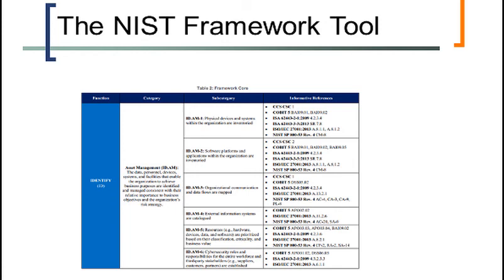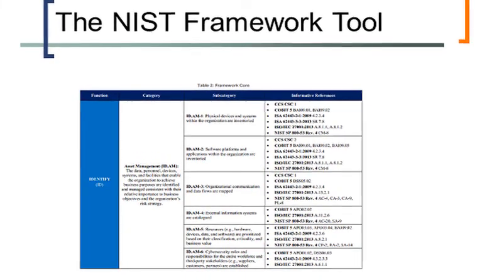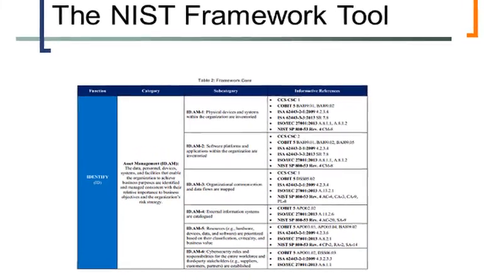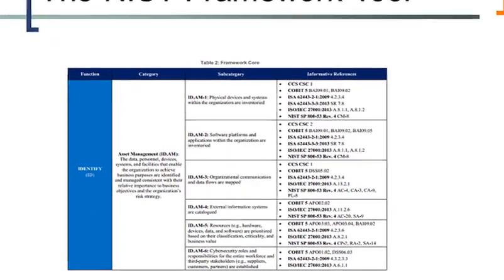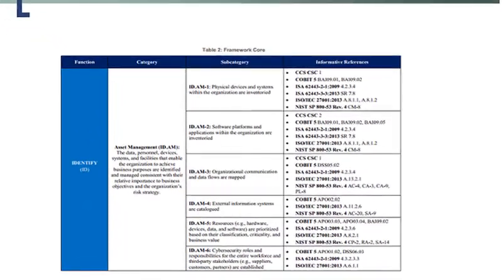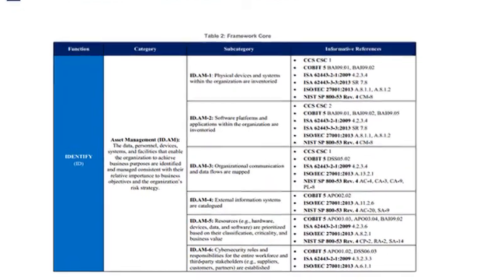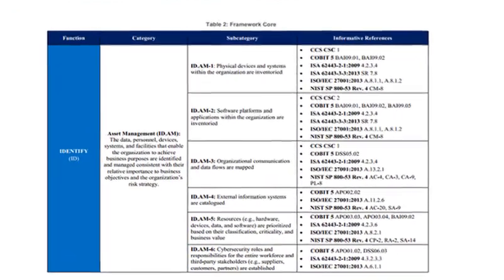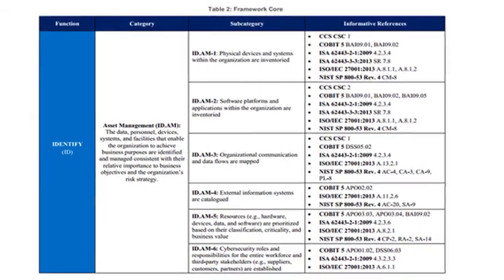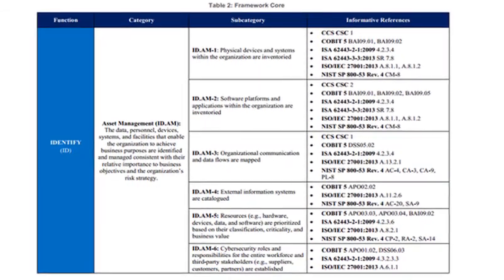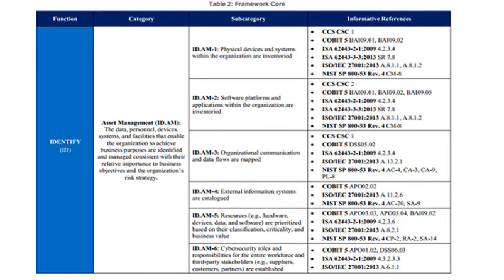This page just relates to one particular function, the identify function within the framework core, one particular category of managing certain assets, and 6 particular subcategories. On the right you can see all of the different standards that are listed as potentially relevant and providing information about processes to secure these.